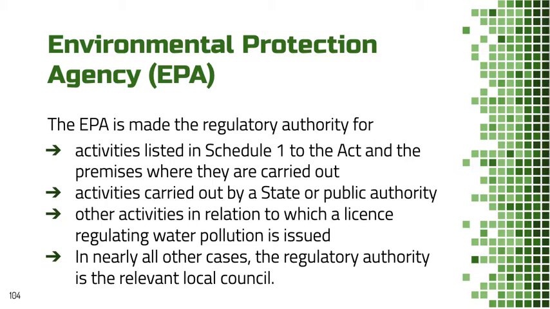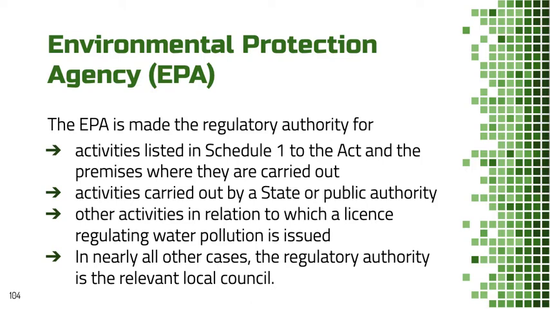The EPA, or the Environmental Protection Agency, is the main regulatory authority for all of the serious things that are happening under the environmental legislation. Any construction work that is being done by a state or federal organisation or authority, so if it's a council-based activity, is all covered under the EPA.